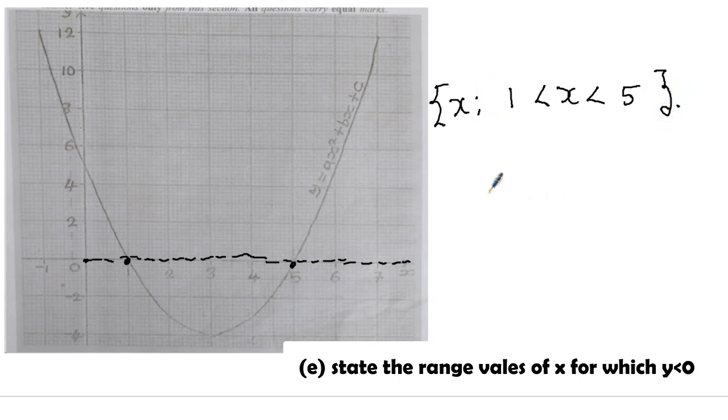In some books, you can also do this, which is acceptable. You can do this, 1 and 5. It's approaching. So this is not a point, but rather the interval for when y is less than 0. This one could be acceptable. But try to stick with the first one.